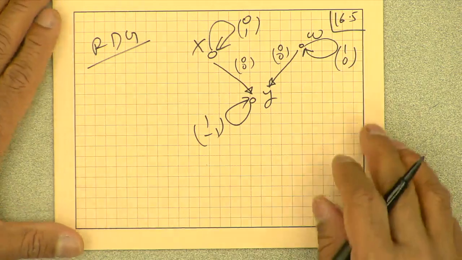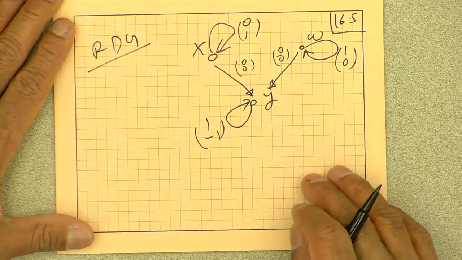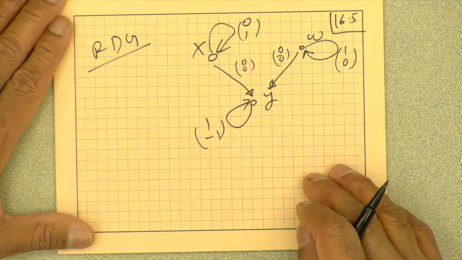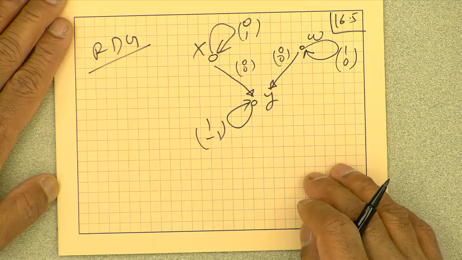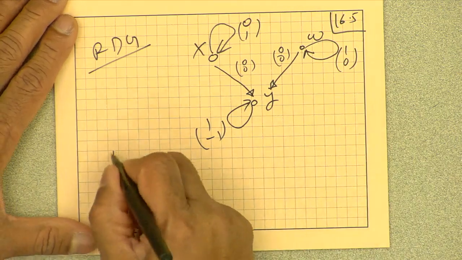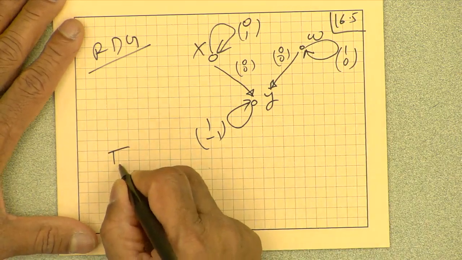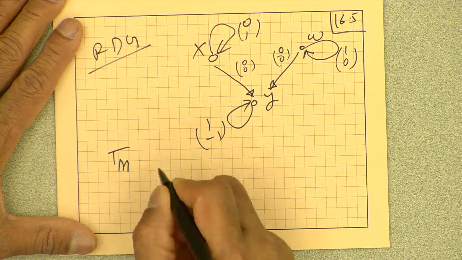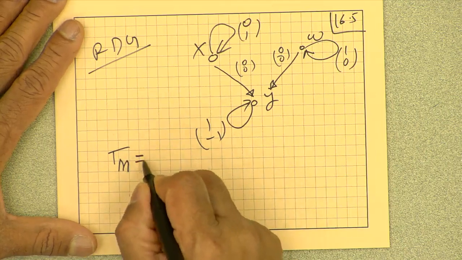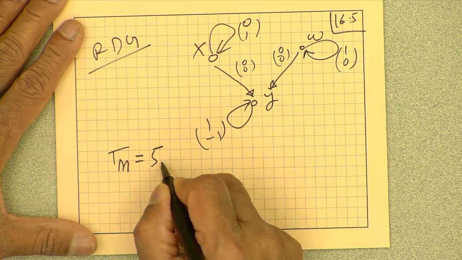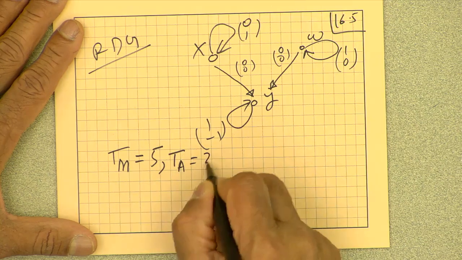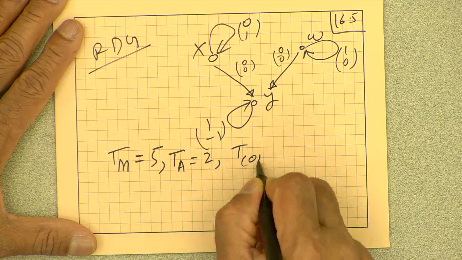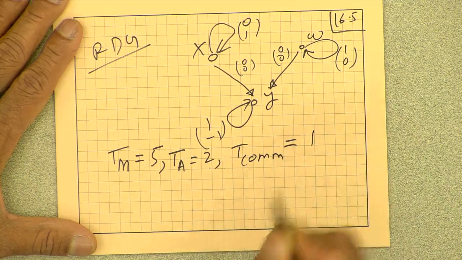of the FIR filter. And now what I am interested in is assigning computation time. So, if I assume for an example, let us say that the multiplication time is 5, add time is 2, and the communication time is 1.